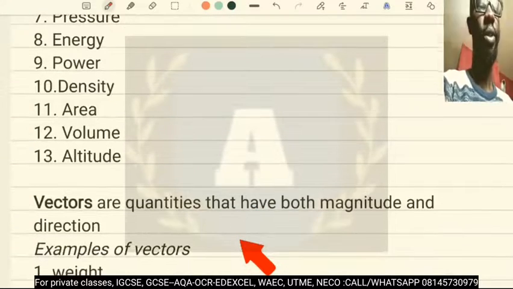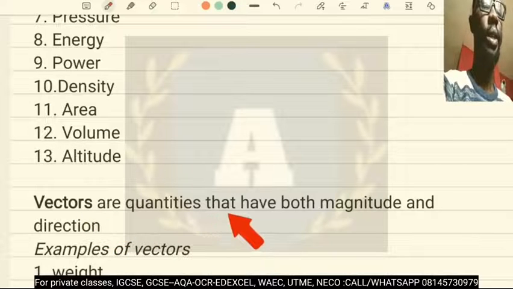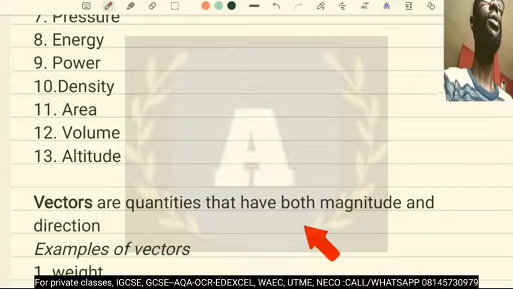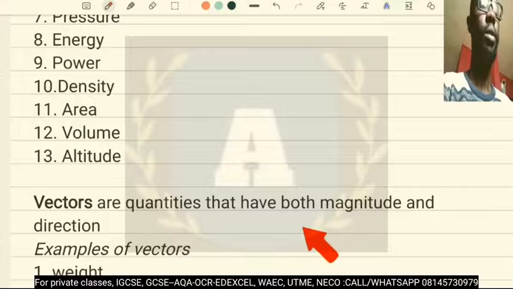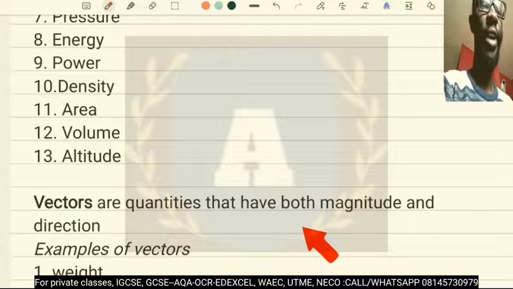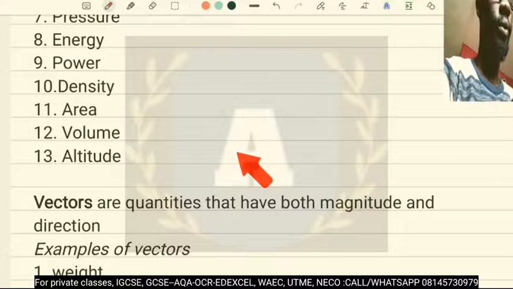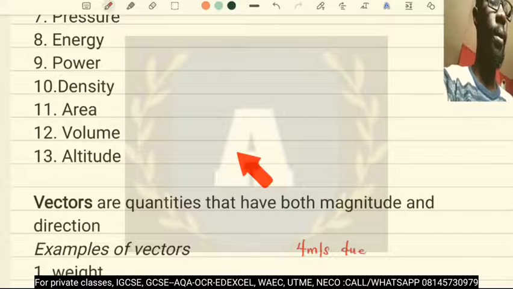So what are vector quantities? Vectors are quantities that have both magnitude and direction. They have magnitude, which means they have size, and at the same time they have direction. When you say a car travels 4 meters per second due east, it has direction.